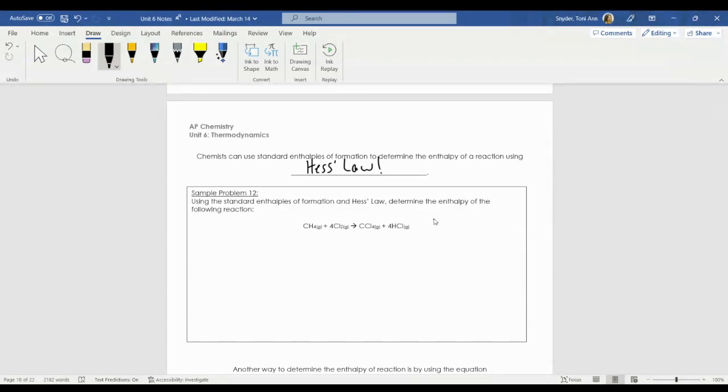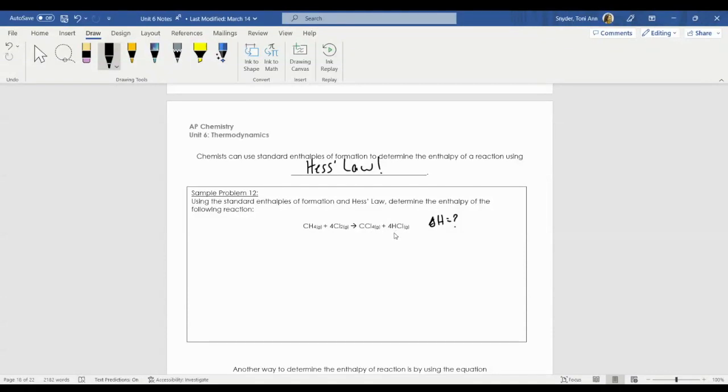So we want to know what's delta H for this reaction right here. And what we can do is, by looking at a chart that lists the standard enthalpies of formation, determine the delta H of formation for this, for that, and that, and that.